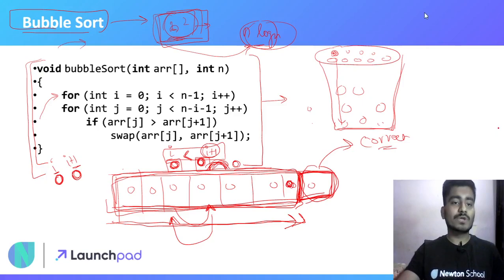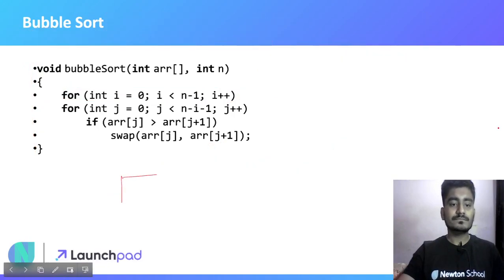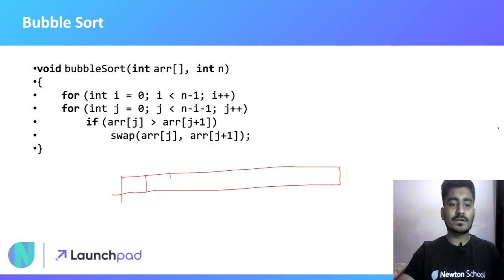So let me explain the code once. We have one outer loop, because we will be doing the same operation for this container. Suppose we have this container, we will be doing one big traversal for this much of container. You can easily say that there are n elements in the array.